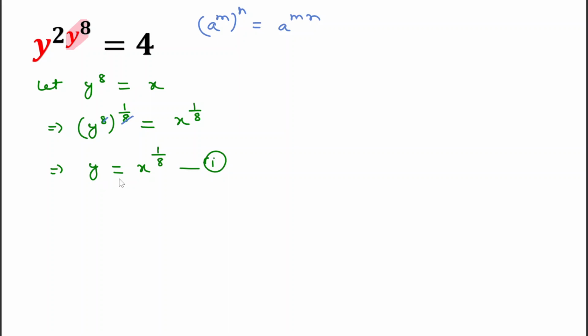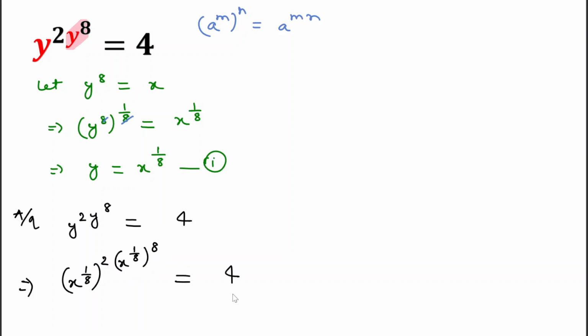Now if we put the value of y in place of this, we can write according to the question y to the power y to the power 8 equal to 4. So if we write in place of y this x to the power 1 over 8, once again I will write x to the power 1 over 8 to the power 8, which is equal to 4.